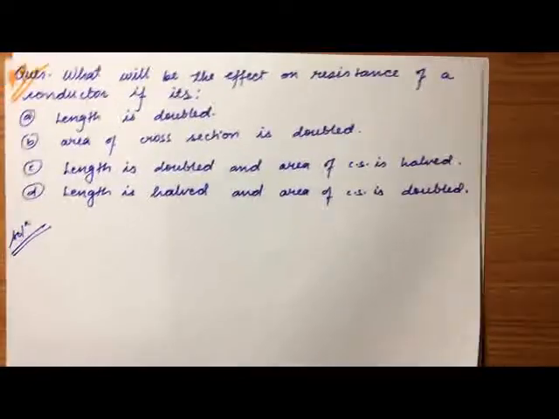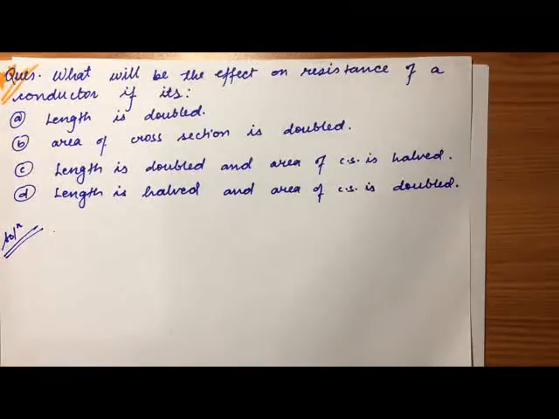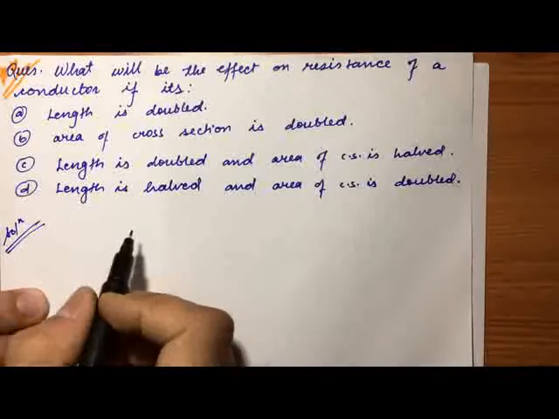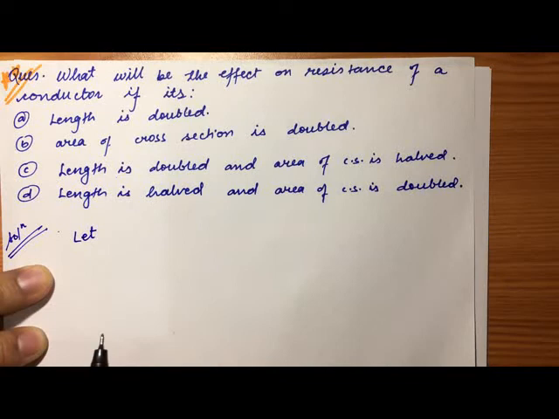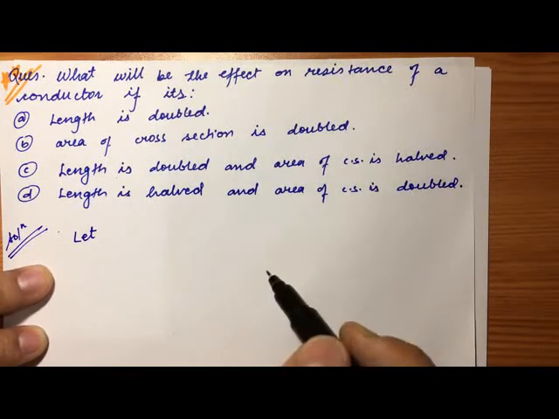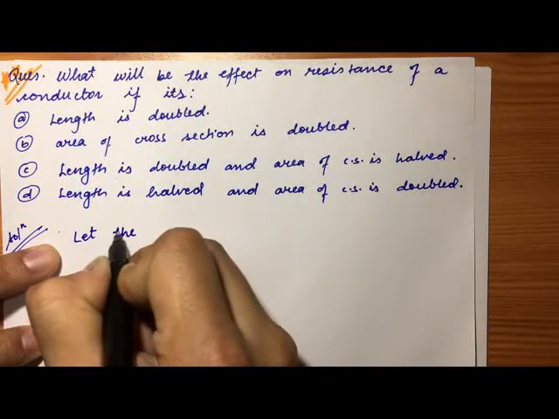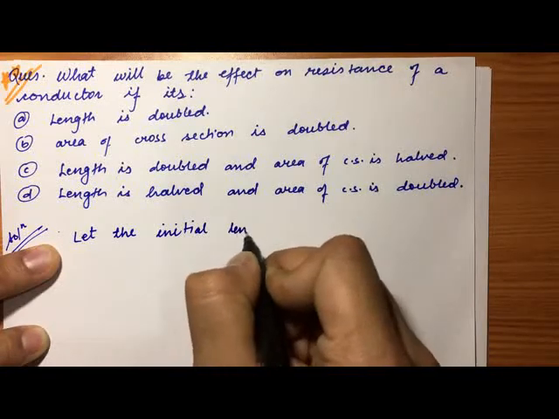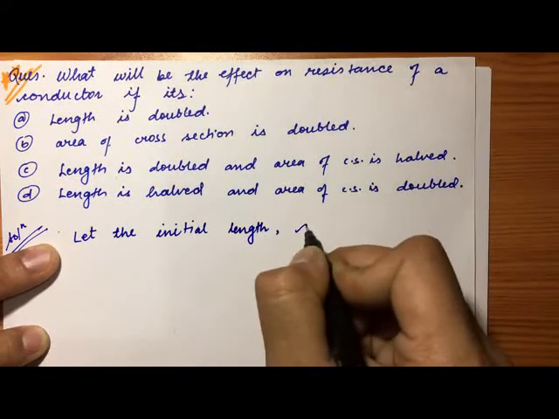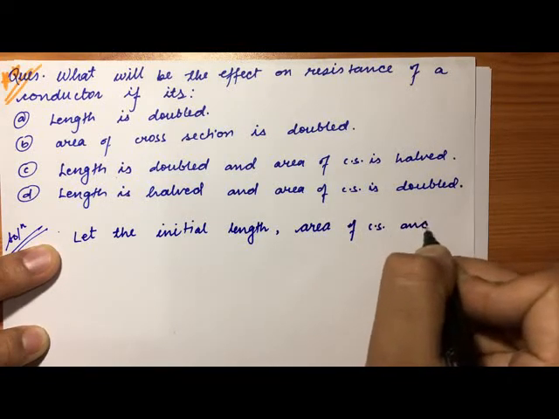So let me take out that paper. Okay, now it's clear, I think so. I'm considering some things. Okay, so keep this in your mind, it will help you. The initial length, area of cross section and resistance.